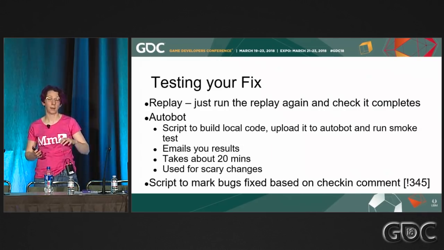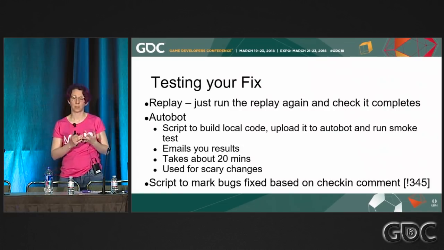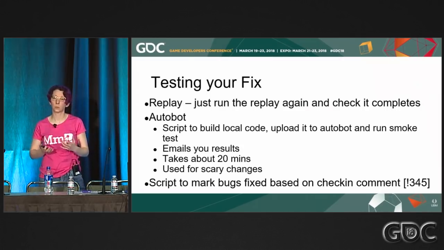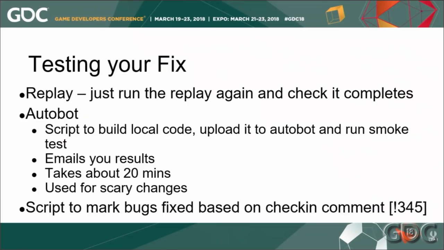If it is, then it adds a comment to the bug saying, Amy fixed this bug in perforce revision 320. This is the check-in comment that she put into perforce, and then it marks it as fixed for me. So it just means that when you're fixing bugs, it takes out a little bit of effort. And if we can take out lots and lots of little bits of effort, then everyone is working much more quickly, and we save time overall.